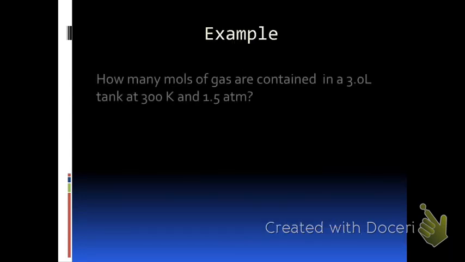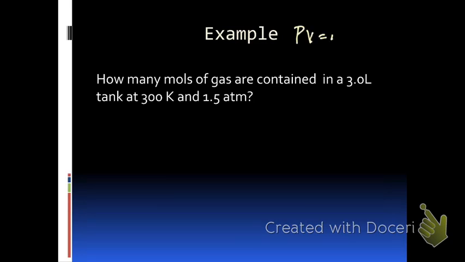Okay, let's take a look at our example. How many moles of gas are contained in a 3.0 liter tank at 300 Kelvin and 1.5 atmospheres? So it says how many moles, we're solving for n. So let's do what we normally do. We want to figure out moles.